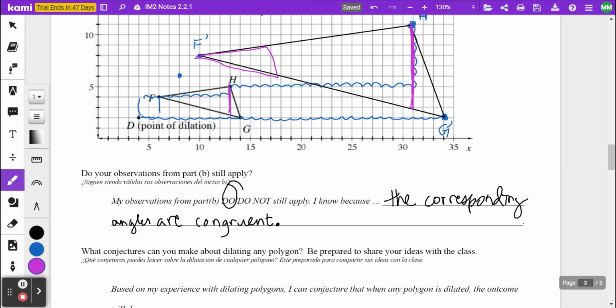Let me see. This is approximately 1, 2, 3, 4, 5. 1, 2, 3, 4, 5, 6, 7, 8. It's about 8. And this is about 3.